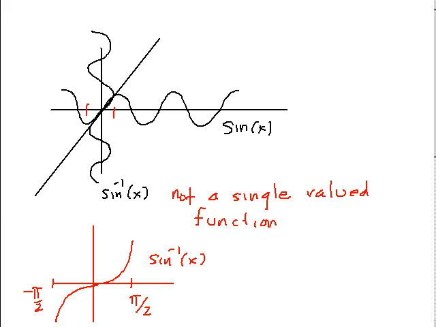If we blew up the sine of x, if we only drew the first part of the function here, between minus pi over 2 and pi over 2, and this is 1 and minus 1.